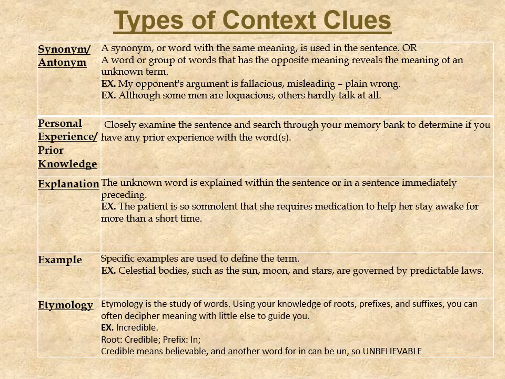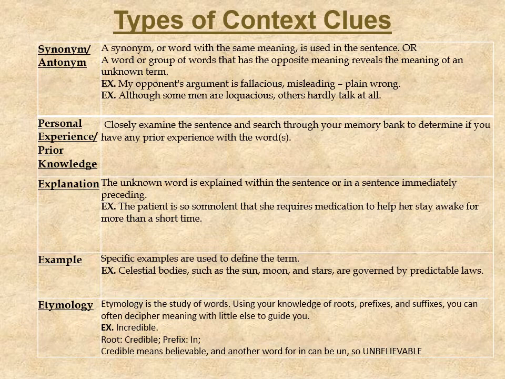Incredible. We may have an understanding of what incredible means. This is just a good example, I feel, that illustrates the power of etymological knowledge. So the root of incredible is credible, and the prefix there is in.